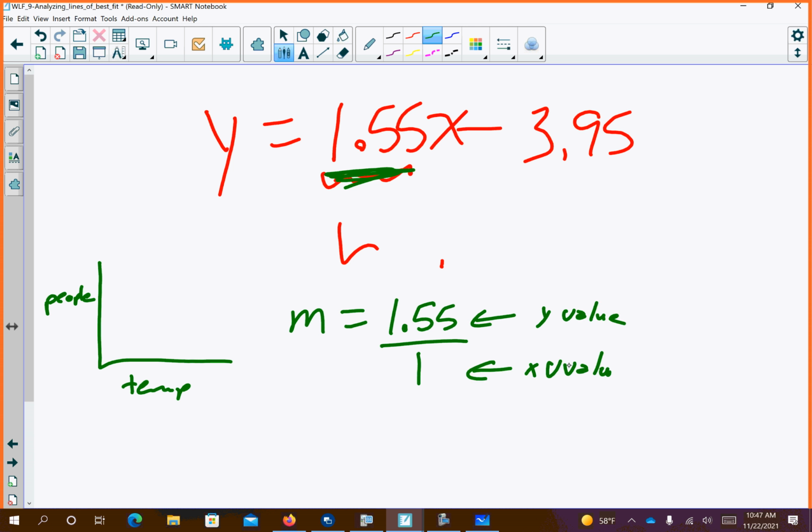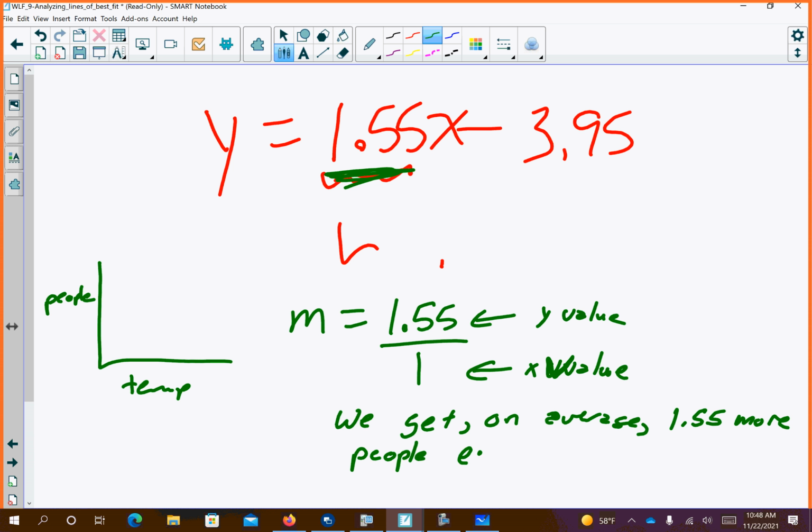So the slope means we get, on average, 1.55 more people each degree warmer. That's basically what that means in context.